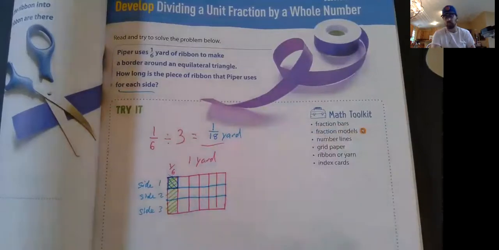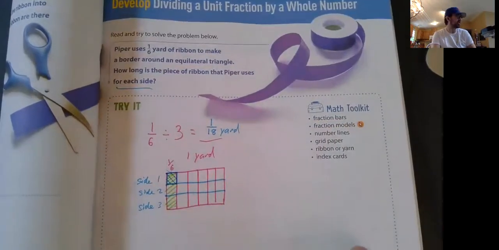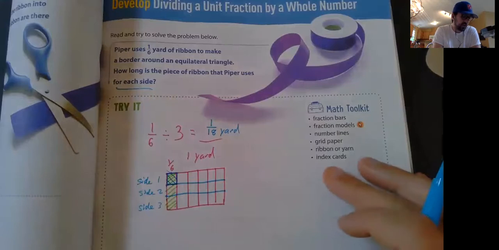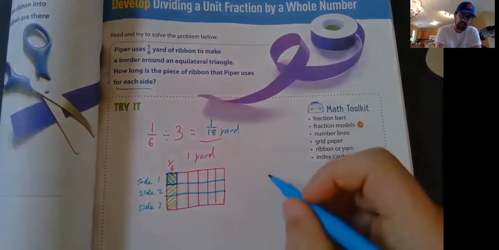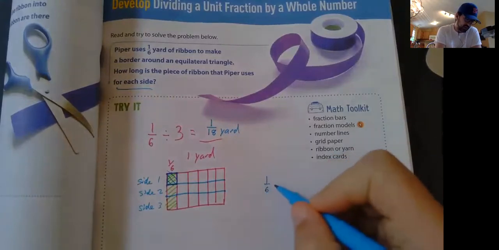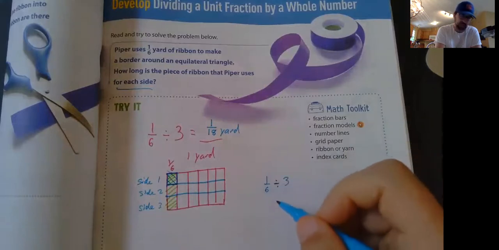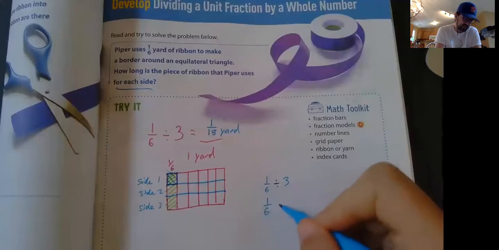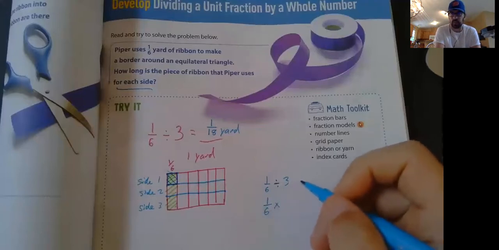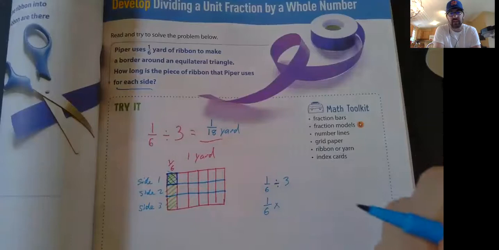Okay. Well, let's think about this using the concepts we've been talking about with multiplication. How can I take 1/6 divided by 3? How can I write this as a multiplication problem? It's going to be 1/6 times what? Well, as we talked about, if I divide by 1/10, it's the same as multiplying by 10.